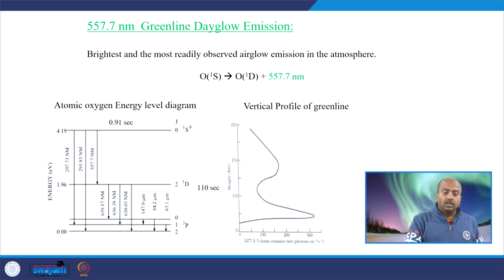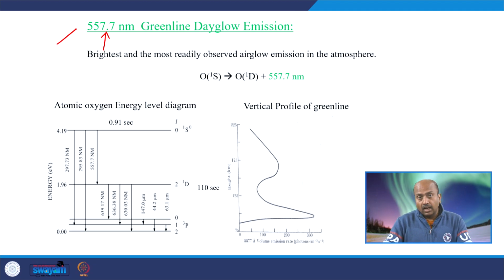So, the first one is the 557.7 nanometer green line dayglow emission. So, this is the wavelength that we are talking about at which we see the light to be emitted, and we call it the green line because the color in which this wavelength appears will be green.